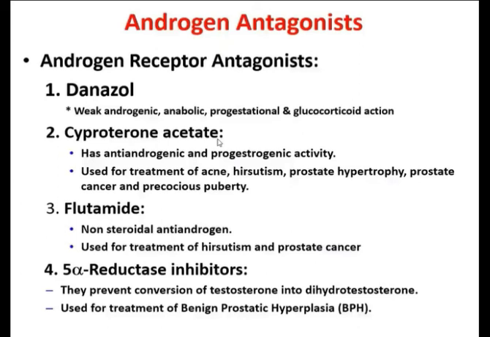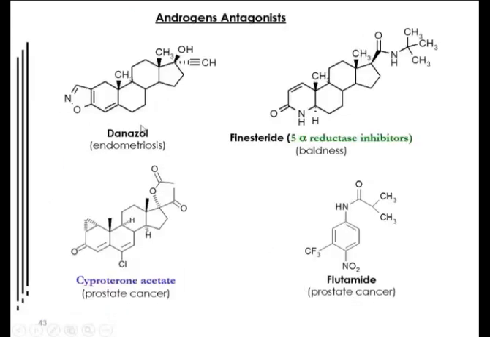Others are cyproterone acetate, flutamide, and 5-alpha reductase inhibitors. 5-alpha reductase inhibitors prevent conversion of testosterone into dihydrotestosterone, and are used for the treatment of benign prostatic hyperplasia, BPH. Finasteride is a 5-alpha reductase inhibitor, the most commonly used drug in BPH patients. Cyproterone acetate is used in prostatic cancer. Flutamide is also used in prostate cancer.